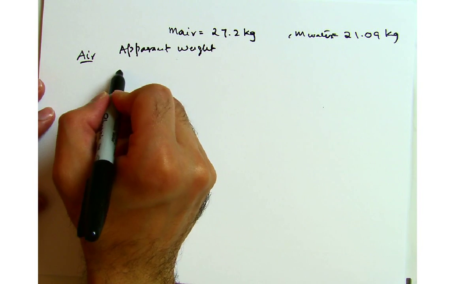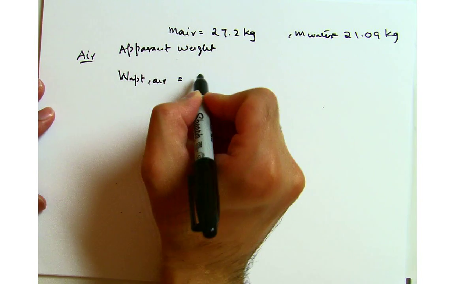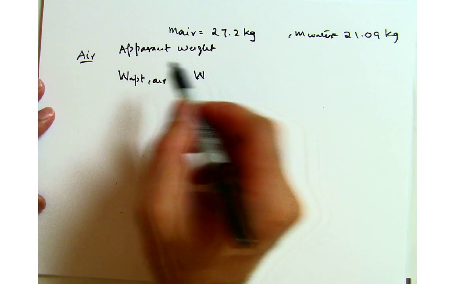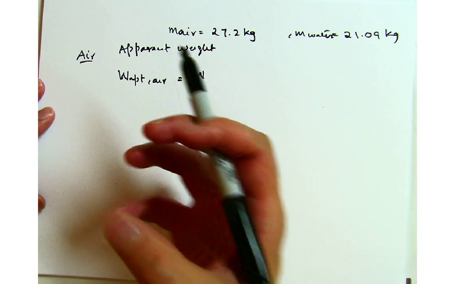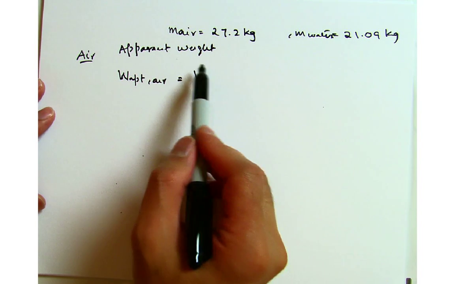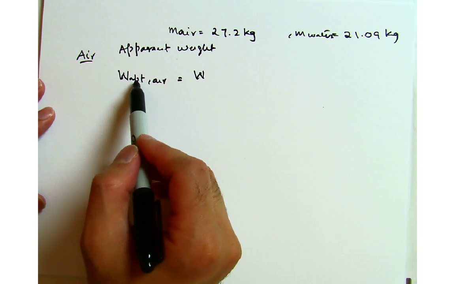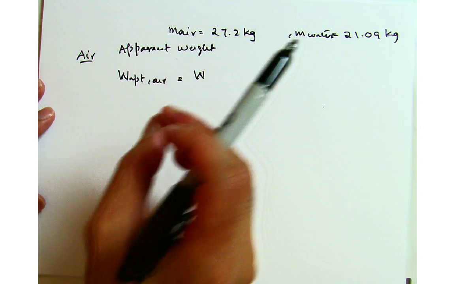The apparent weight in air is equal to the actual weight, and I'm representing this as the weight when you don't have any buoyancy. If you measure this in a vacuum, you don't have any fluid, so there is no net force pushing it upwards. That is what I'm representing with W, and the apparent weight is what you will get from the scale when it's suspended in air or in water.